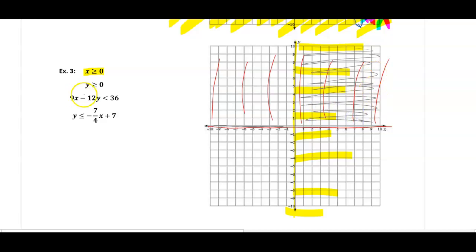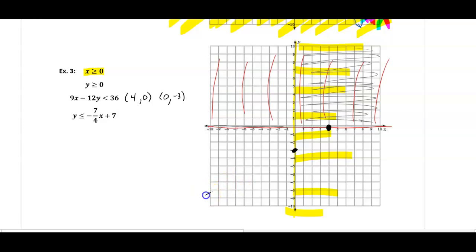But I have these to go by now. Here, I'm going to graph these using the x and y intercepts. My x-intercept, I'm going to let y equal 0. If I divide 36 by 9, I'm going to get 4. So I'm going to plot (4, 0). 36 divided by negative 12, if x is 0. 36 divided by negative 12 is negative 3. So we're right here.